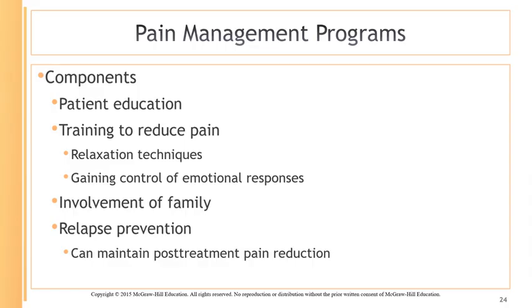Also, involvement of family has been shown to be very effective, such as support from friends or family, encouragement on managing the pain, and also incorporating some relapse prevention techniques in the event that a patient relapses from pain. The point of relapse prevention is so the patient can maintain post-treatment pain reduction.